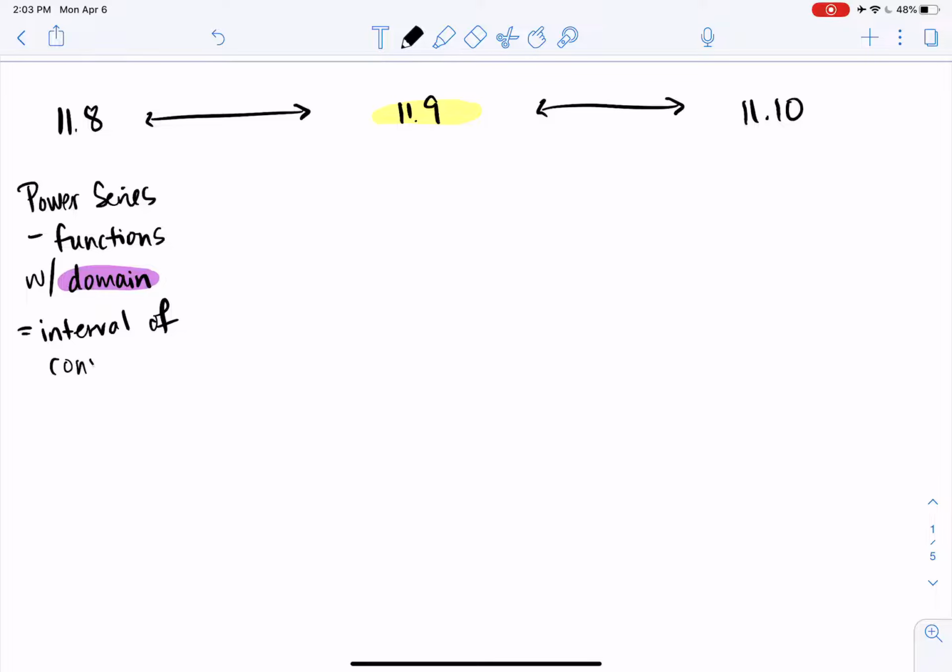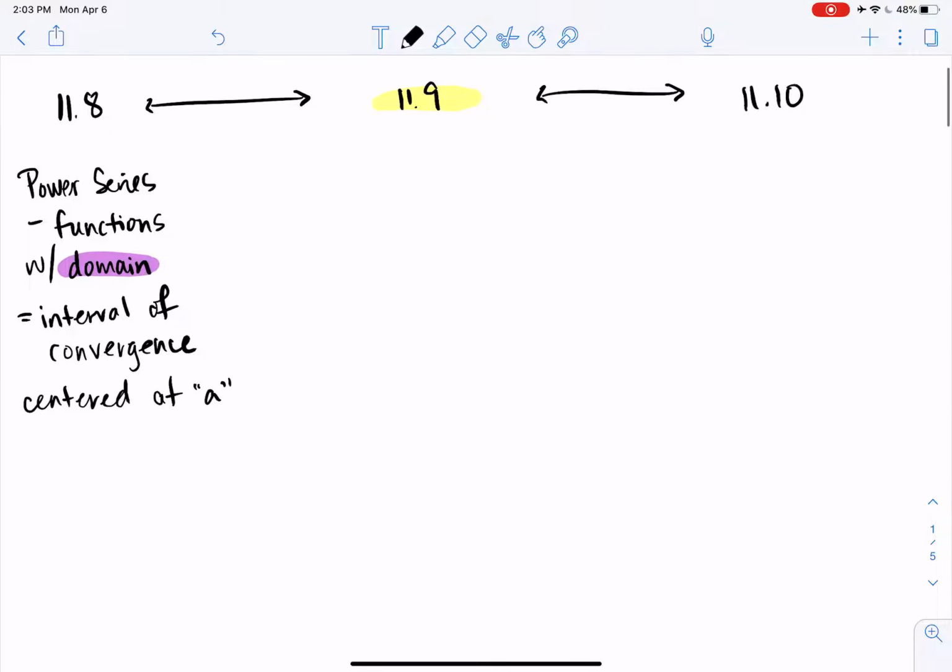And anytime you have an interval, it's always got a midway point. So its midway point is its center, centered at some a value, okay? And then to the left and right of that a value, you have some radius that gets you your interval of convergence. So r is the radius of convergence.